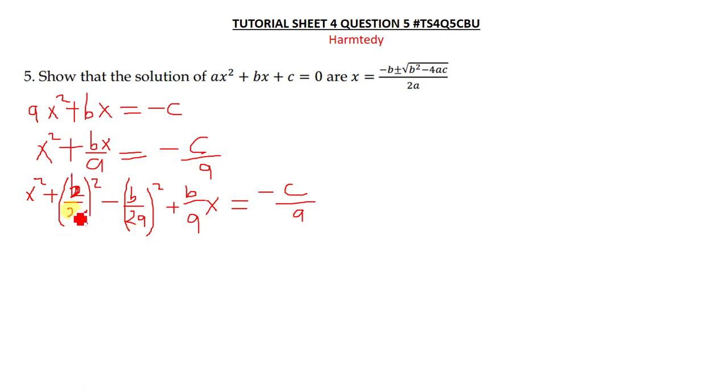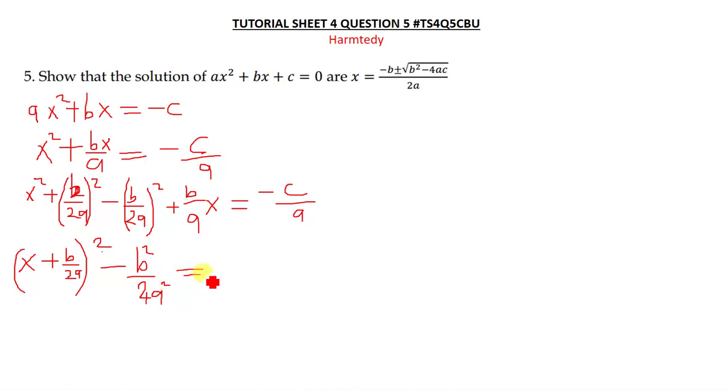Apart from that, we can now complete the square here, so we'll have something like this: x plus b over 2a in brackets, then we square this. Before we take it to the other side of the equal sign, we simplify it to b squared over 4a squared.